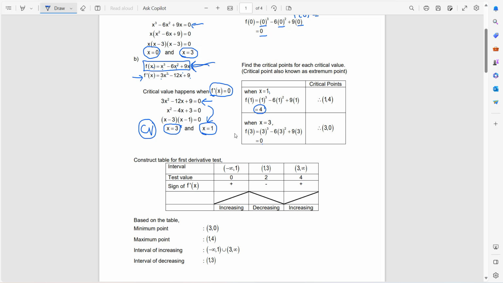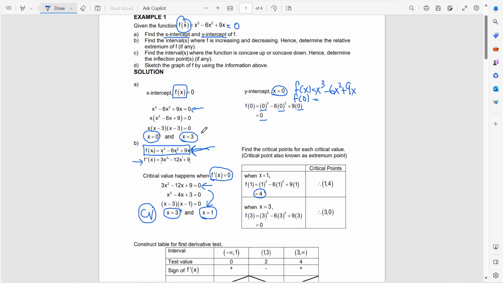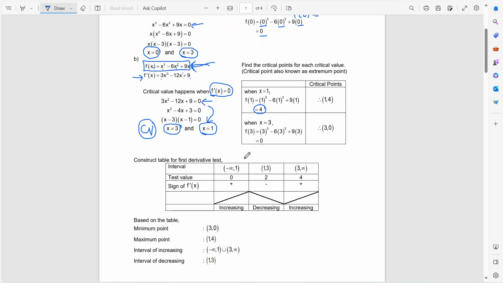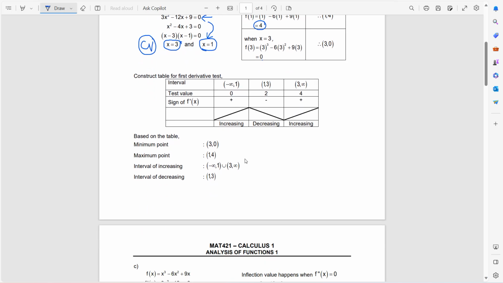After that, we need to find the intervals where f is increasing and decreasing. What we should do is take our critical values and put them into intervals like this. So how to do that? We have a number line, negative infinity up to infinity, and then we have 1 as our critical value and 3 as our critical value.